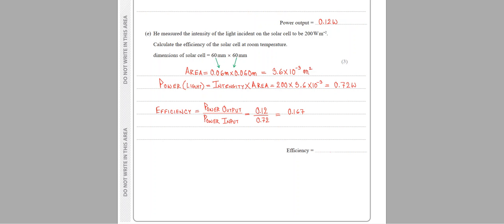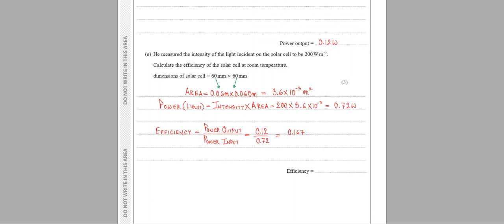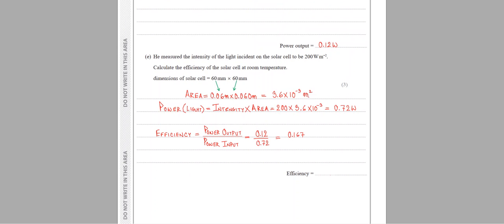So efficiency, as we all know, is power output by power input, and power output, like I said, for a solar cell is in the form of electrical, and we had already found out the electrical power in the previous question. The electrical power was 0.12 divided by the input power we just found out, which was in the form of light, is 0.167.